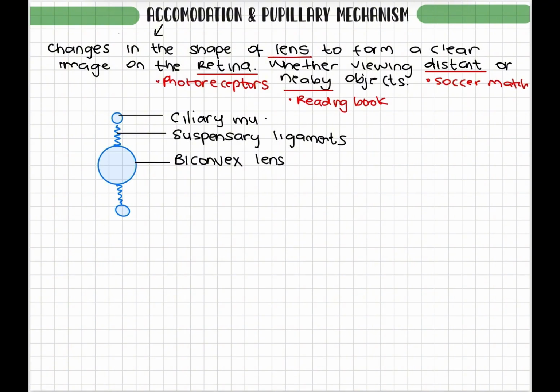Just take note, ciliary muscles contract or relax either when you're looking at a distant object or a nearby object. So in this case, our lens is more convex. So it means that the ciliary muscles are going to contract so that the suspensory ligaments slacken.